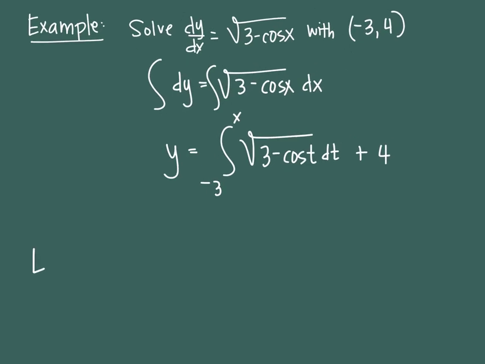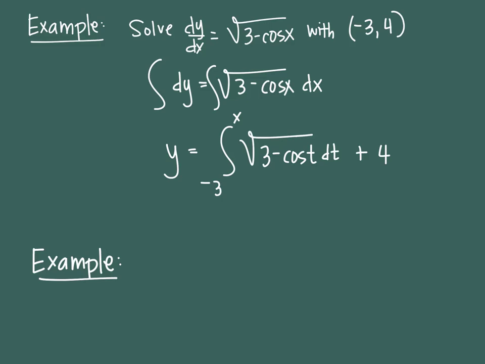The only way that you could continue with a problem like that is if you had a second point. The only way you could solve that is if you had not just an initial condition, but a second value as well.